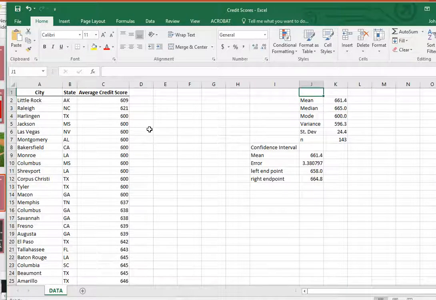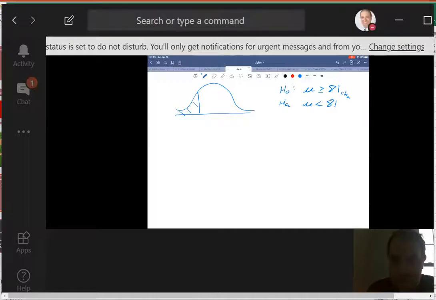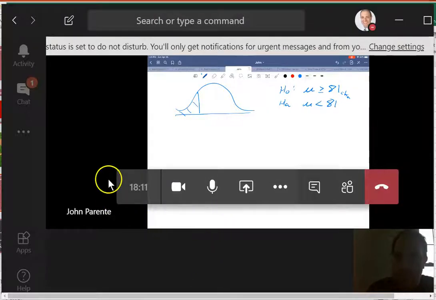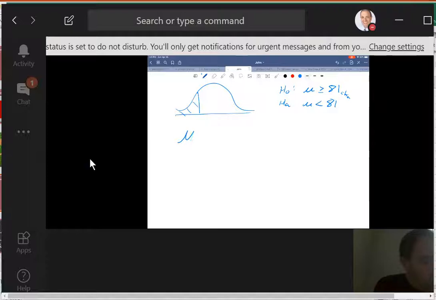So mu is less than 700. That's going to be our HA. It's still going to be a left tail test, where H0 is mu is greater than or equal to 700.